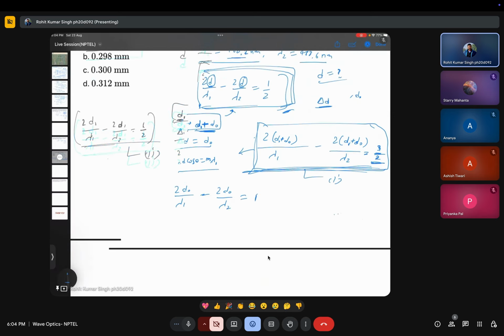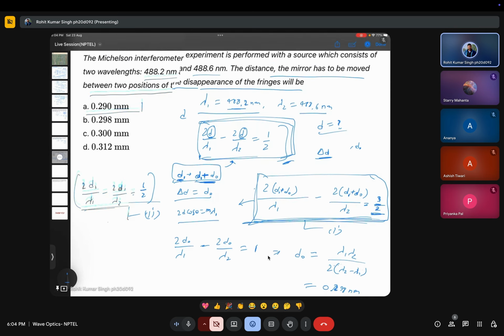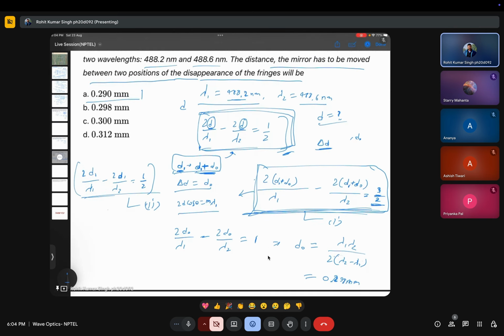Okay, so we have to solve this. So now d naught will be simply lambda 1 lambda 2 by 2 times lambda 2 minus lambda 1. If you solve it, you will get this value, in millimeter.